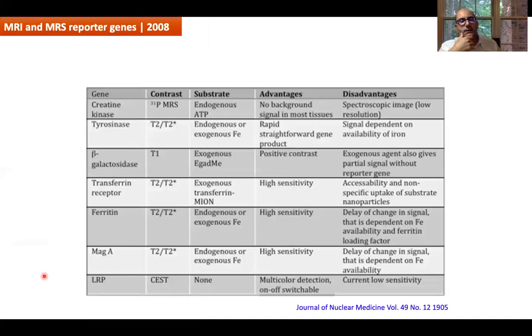So this field has been quite active since the early 90s, with somewhat increased activity in the 2000s. This is a table from a review paper we published in 2008, and there were maybe 6 or 7 different reporter genes.